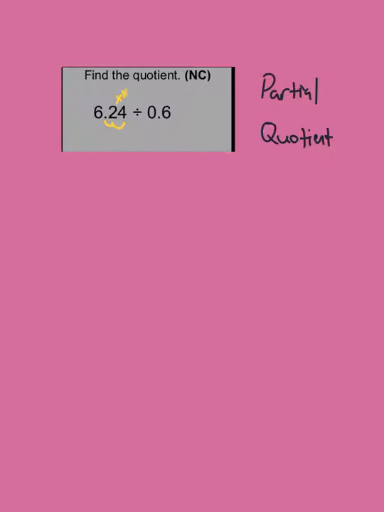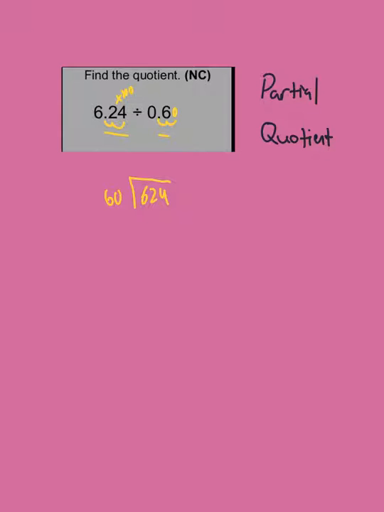Remember, that's the same as multiplying it by 100 to get 624. Now here's the cool thing. If I move this twice to get 60, because I move both decimals the same amount of times, I don't have to move them back when I'm done. So the answer to 624 divided by 60 is the same answer as 6.24 divided by 0.6. So once I'm done, I'm done.